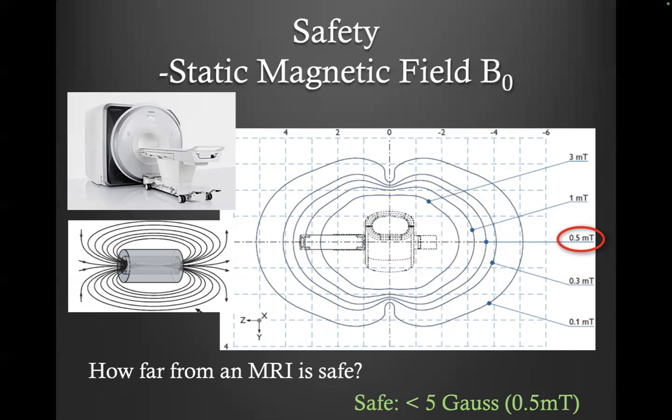That's why there are special regulations. If you look at this graph, it's a circular or ellipsoid shape, so it's usually safer at the edge of the room than closer to the scanner.